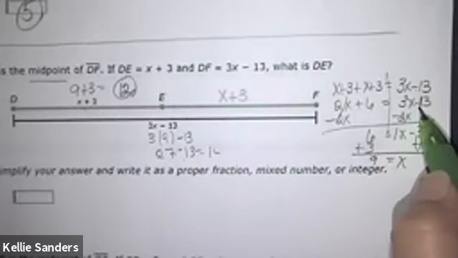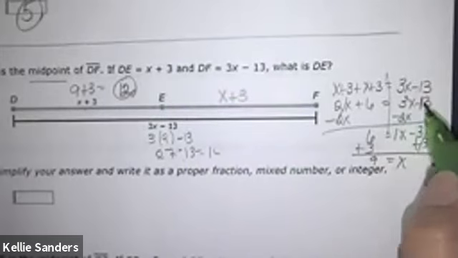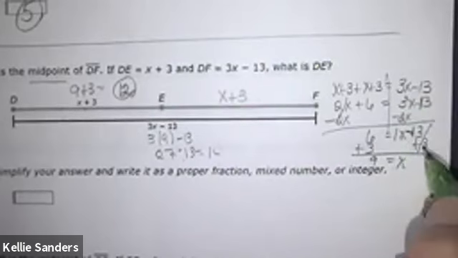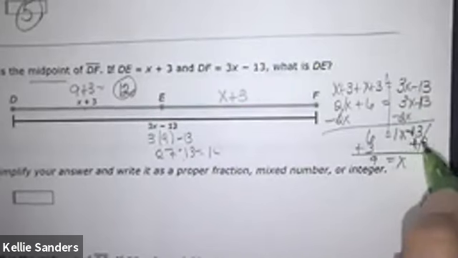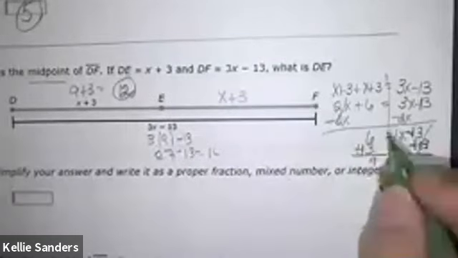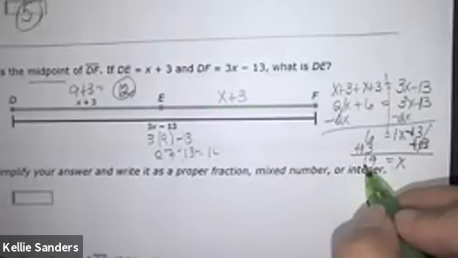That changes everything. So I brought the negative 13 down here. So I would add 13 to this side, and I'd add 13 to this side, and 6 plus 13 is 19.